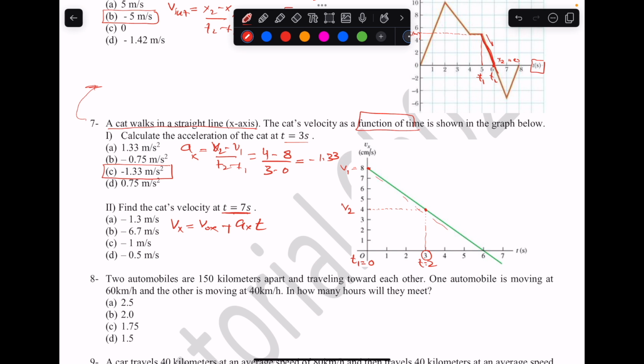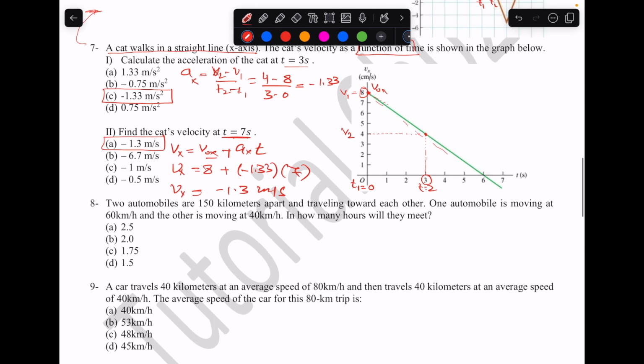Okay, so v naught of x, it starts its motion and slows down. So this is your v naught of x starting point, which is 8. We get this minus 1.33, and time is 7 seconds. So we get the velocity, which is minus 1.3 meters per second. So here is your velocity.